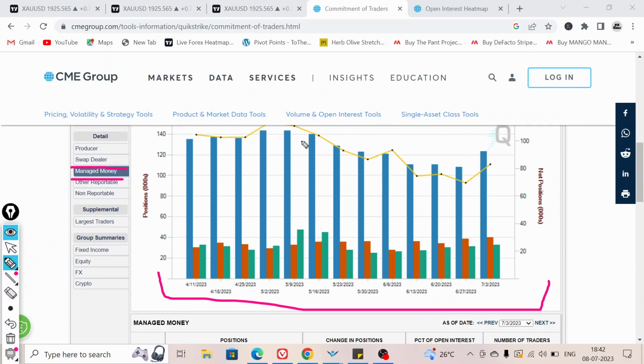This time, if you look into their change in positions, you can clearly see that previously they were continuously covering their long positions.